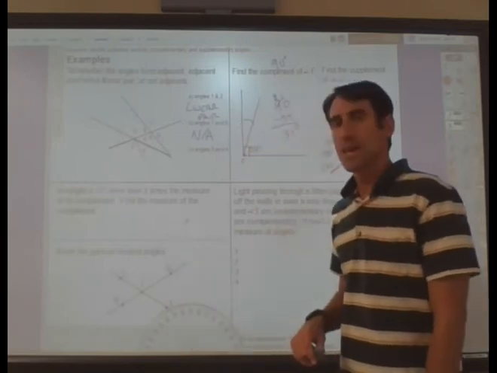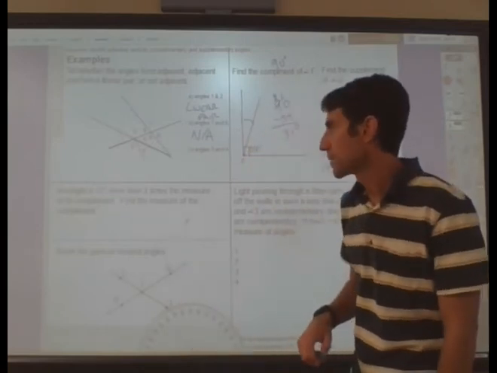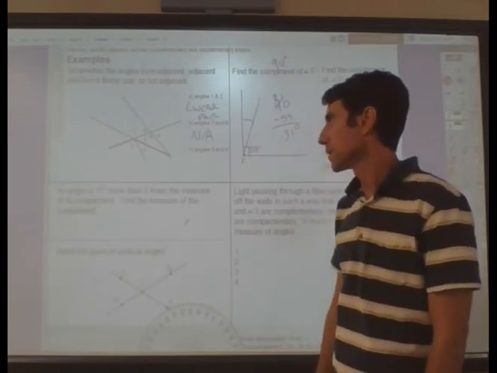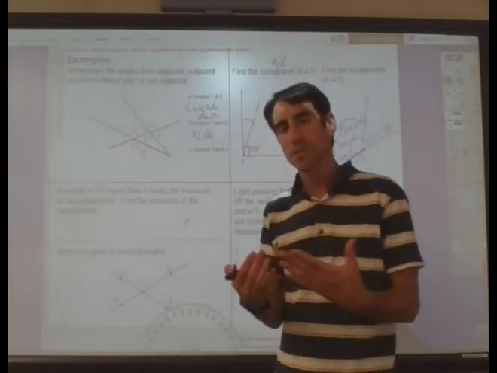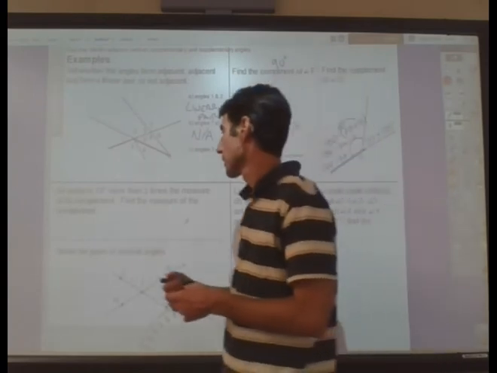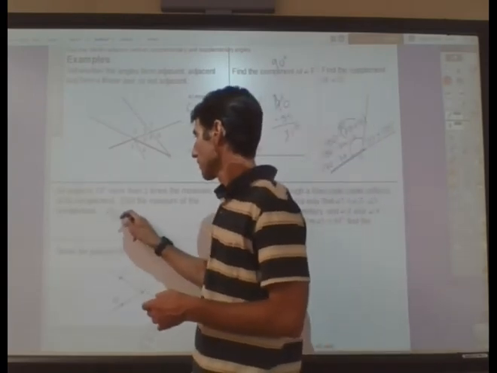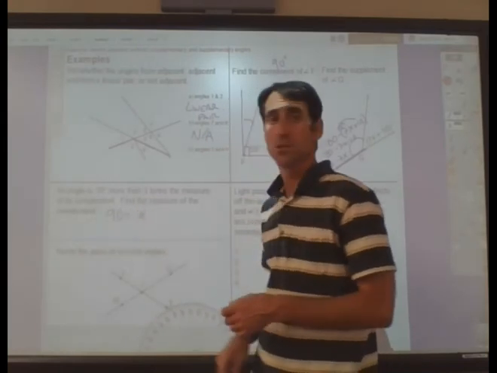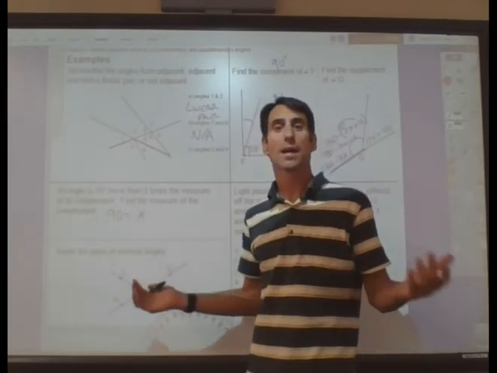An angle is 10 degrees more than 3 times the measure of its complement. Find the measure of the complement. So we know two complements together equal 90 degrees. So we know we're going to have 90. And we have one angle. I don't know what that angle is, so let's call it x for originality.